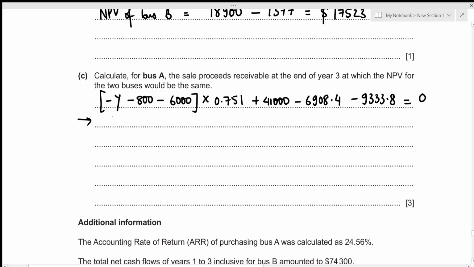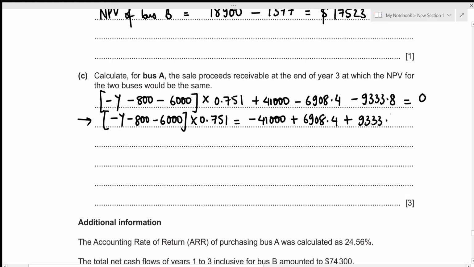So that's going to be negative y minus 800 minus 6,000 times 0.751 equals negative 41,000 plus 6,908.4 plus 9,333.8.